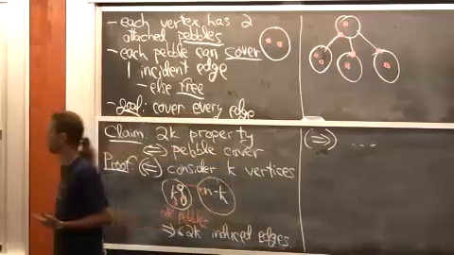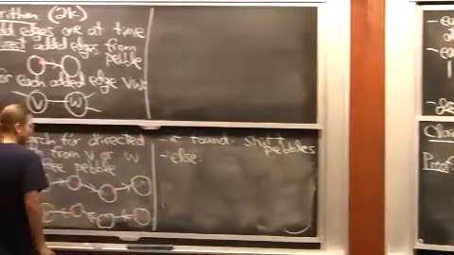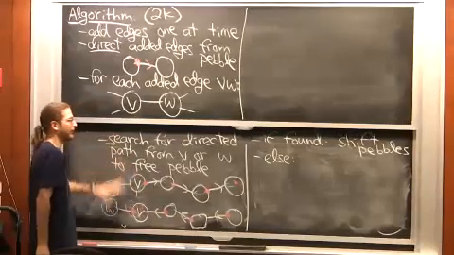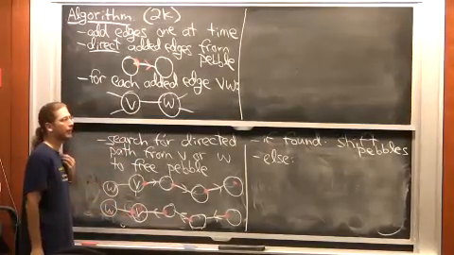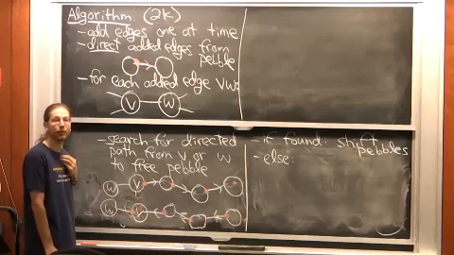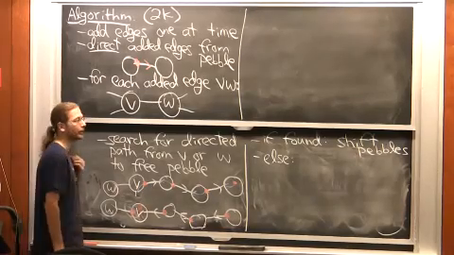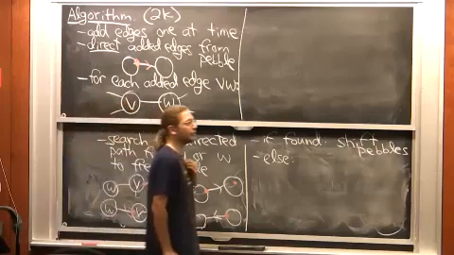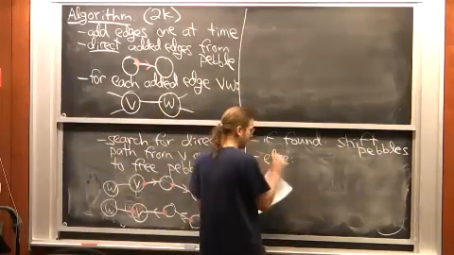Why would we hope for pebble covers to exist in the first place? We don't know. I claim if this algorithm fails to find a path in this situation, then you can immediately say you do not satisfy the 2K property. I'd like to say there's no pebble cover, but that's a little harder. I'm going to say you do not satisfy the 2K property.